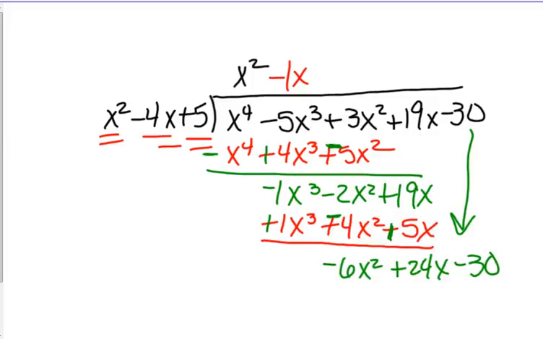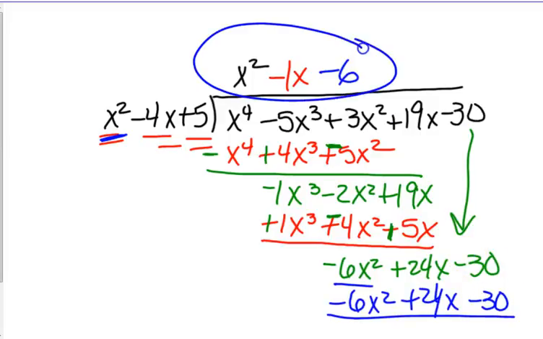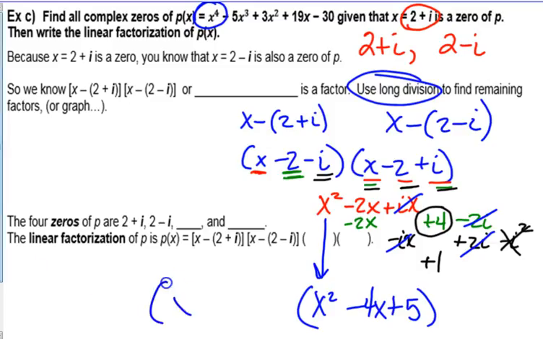How many times? Negative 6x squared to here. If I multiply by a negative 6, I get negative 6x squared plus 24x minus 30. Do you notice that it came out even, right? So this is the other factor. x squared minus x minus 6.